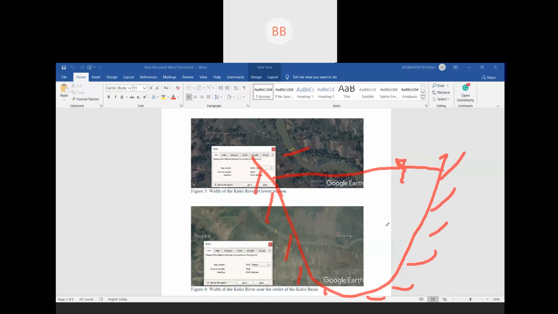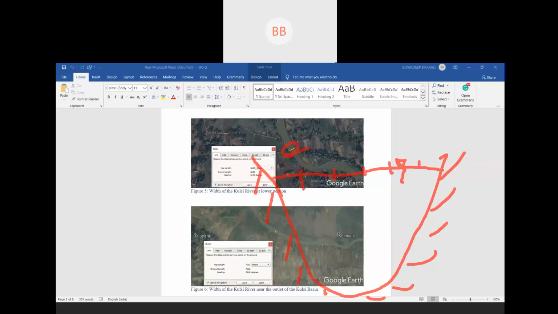The width of the river we can measure. Suppose here it's 68.83, or you can consider it 70. Then we divide the whole length into a number of sections, say about 10 meter. So, a 10 meter section.